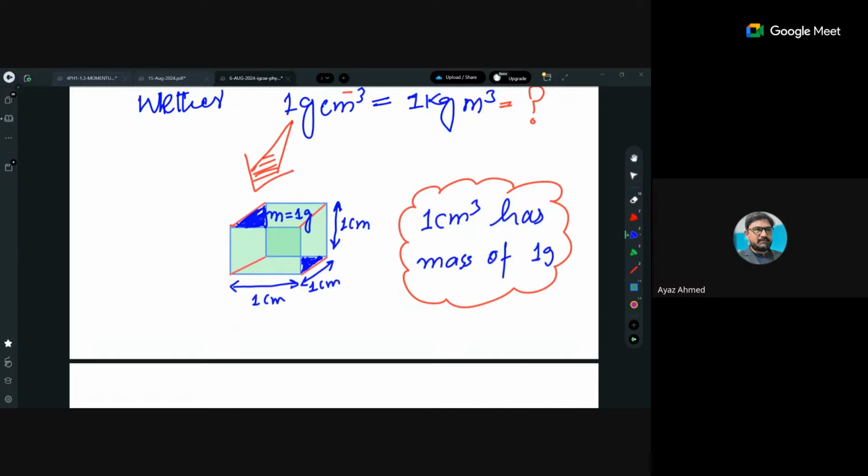This is a cube whose volume is 1 centimeter cube, but it has a mass equal to 1 gram. Then its density is 1 gram per cubic centimeter. Is this concept clear to you?